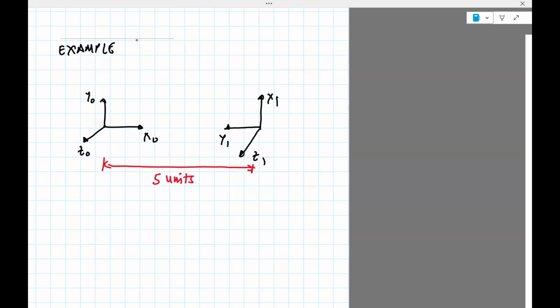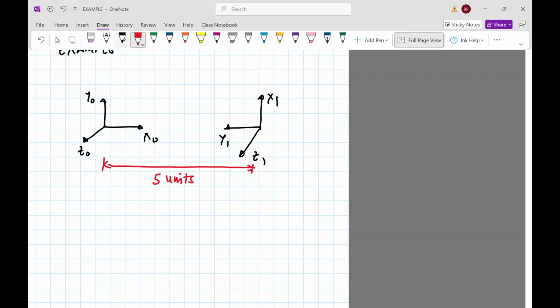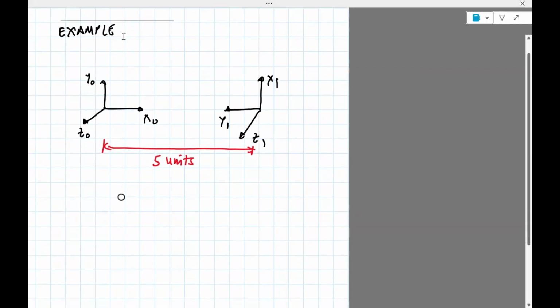Okay, so what we have is, let's say that this is actually a grid, and you start with the frame 0, you translate by 5 units to the right, and then you undergo some rotation to get the frame on the right. So the question is, what is the homogeneous matrix which describes this transformation?